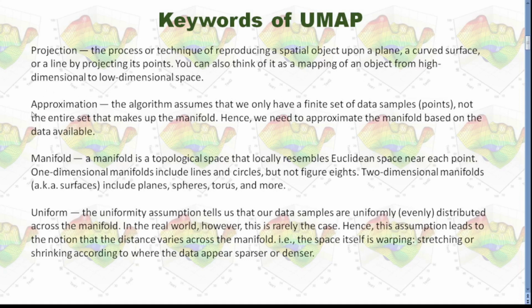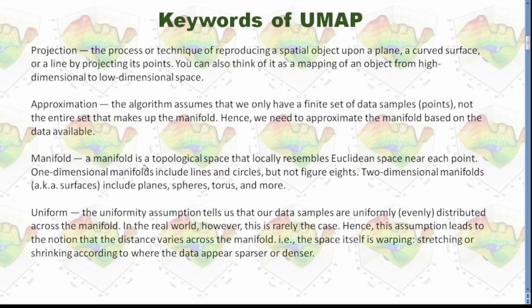When we talk about approximation, that means the algorithm assumes that we only have a finite set of data samples, not the entire set that makes up the manifold. Hence, we need to approximate the manifold based on the data available.